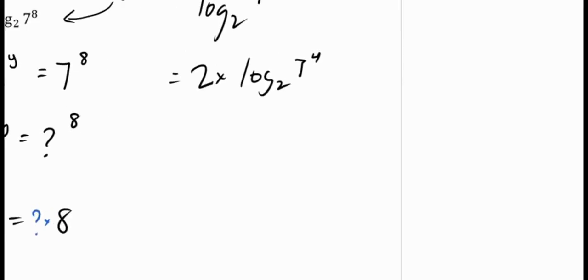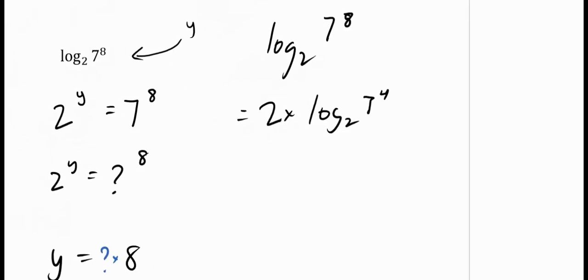And again, I don't want to spend too much time on this. We could look at it a little bit deeper, but I want to get to the result here. So we could kind of do this again and again. Doesn't that mean this would equal 2 times, or really 4 times, but 2 times log base 2 of 7 squared? Couldn't I keep pulling 2 out of the exponent out front?